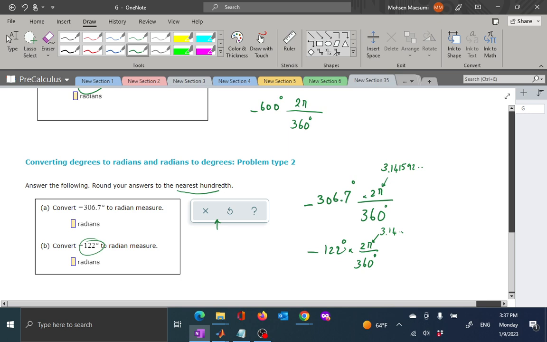What does that mean? You don't want to give a very precise answer to a very rough question. So for example, this angle is given to 1 decimal place, but he is asking you to give the answer to 2 decimal places. Maybe he could have asked you to give the answer to 5 decimal places.